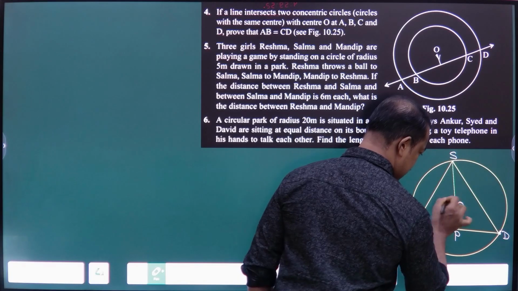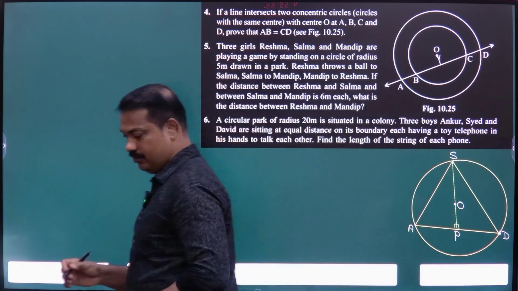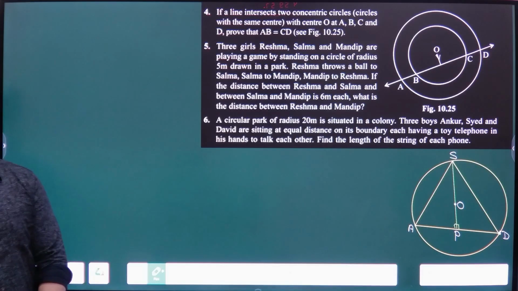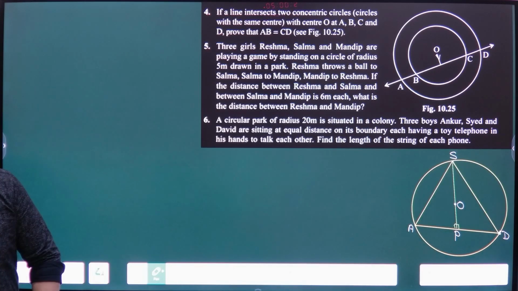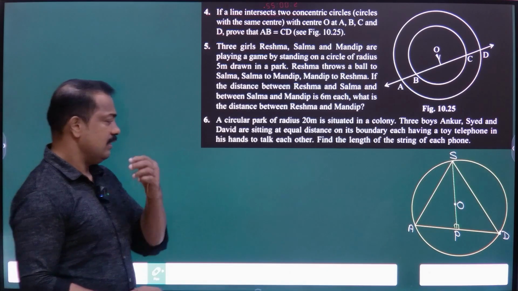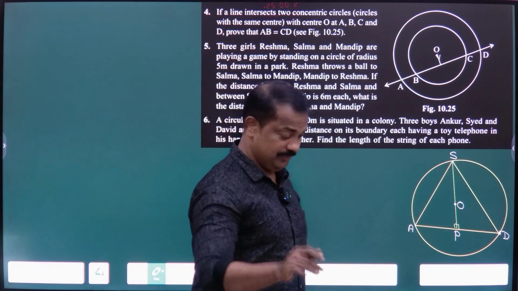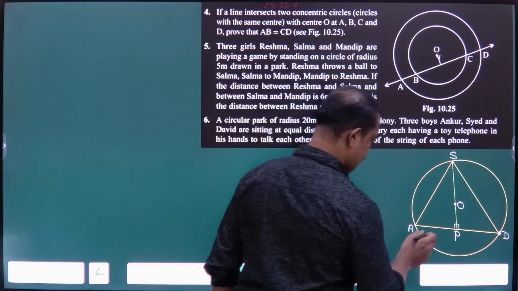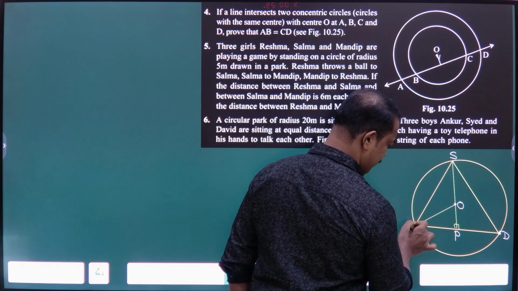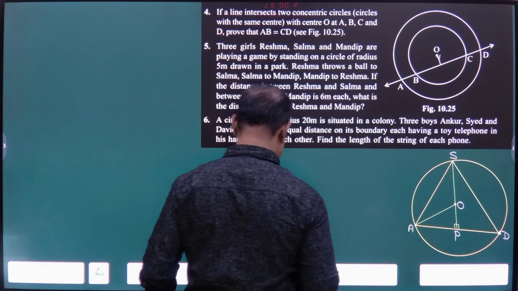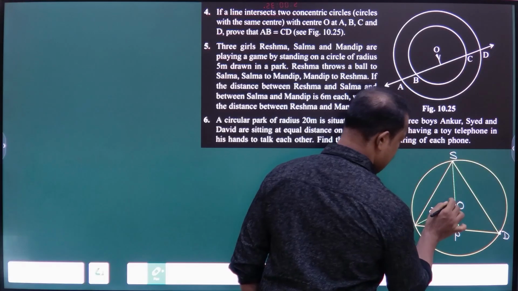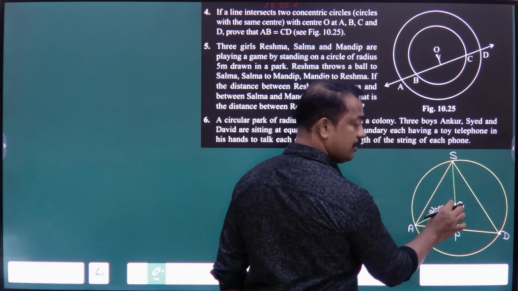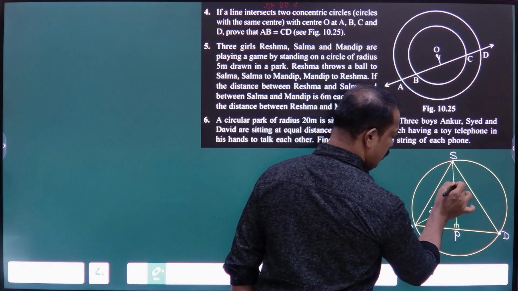O is the center of the circle. Listen here. What is OA? Radius. Radius is given as 20 meter. What is OS? Radius. That is also given as 20 meter.